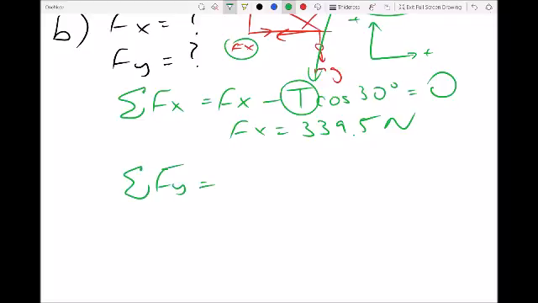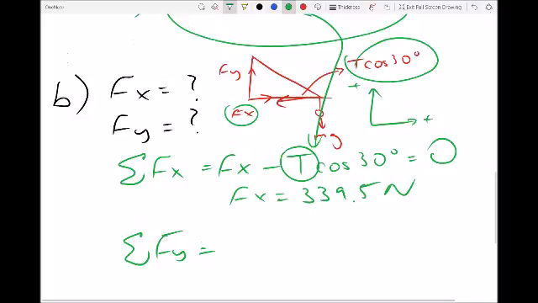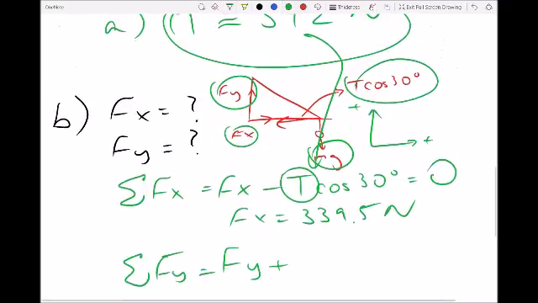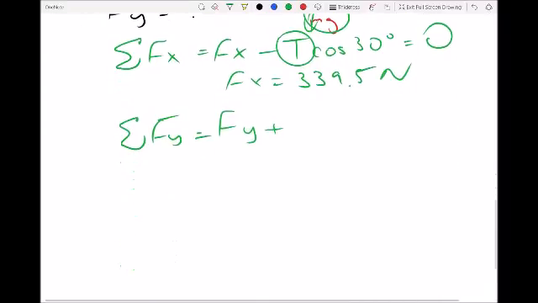And if we sum up our forces in the y direction, we'll have our F subscript y, and then additionally we'll have our upward force, which we solved for, tension times the sine of 30 degrees, and we'll also have our weight going in the negative direction. Whoops, let me just fix this. There we go.